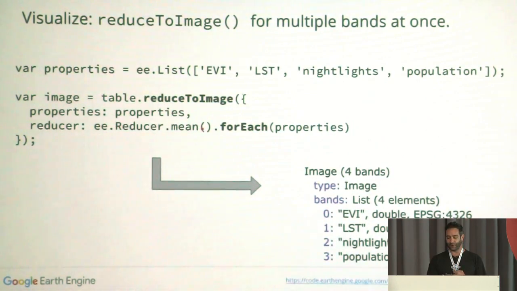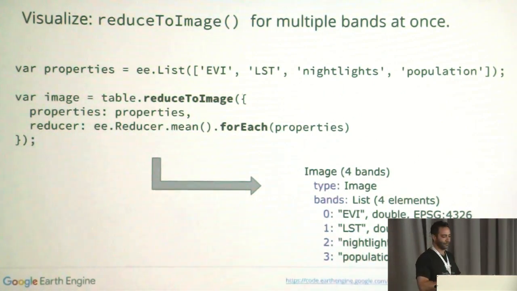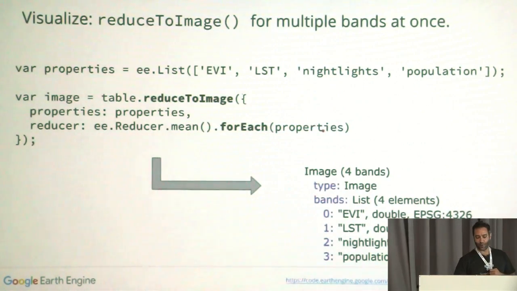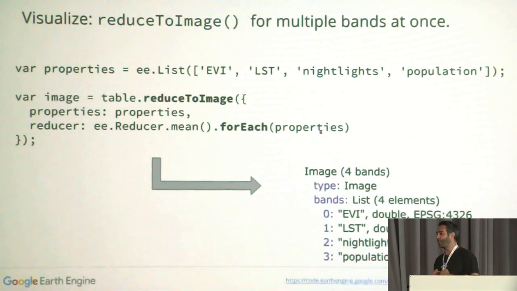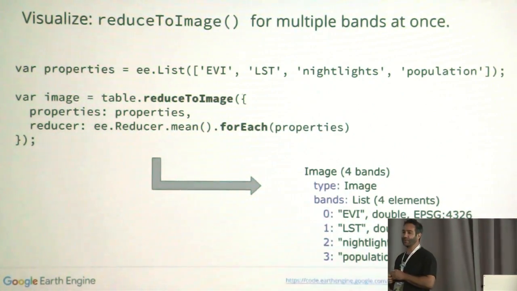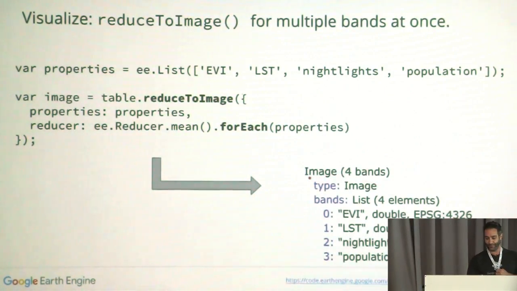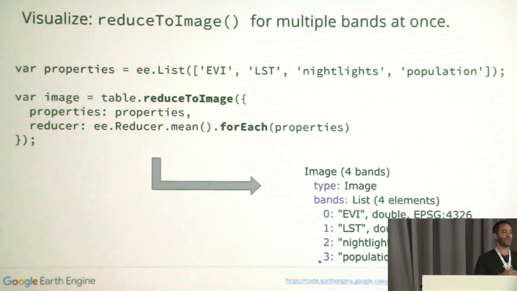Specify a mean reducer and call dot for each on that reducer, such that we're going to get a mean reducer for each of the properties in the list. And as a result of doing that, we get a multi-banded image, which has a band for each of the properties that you've specified.